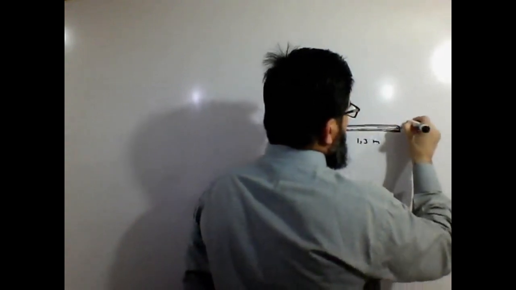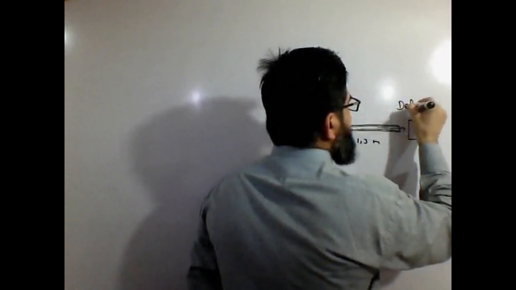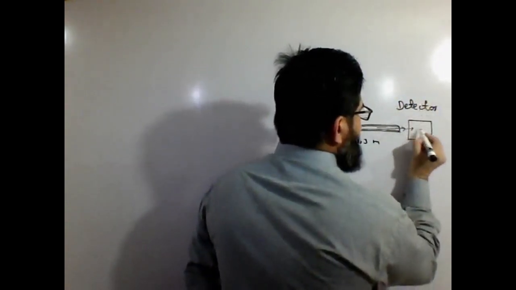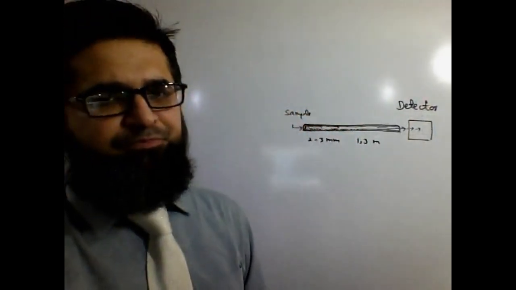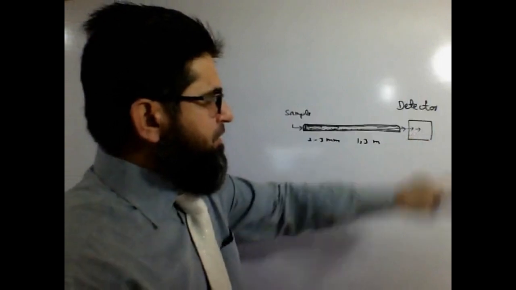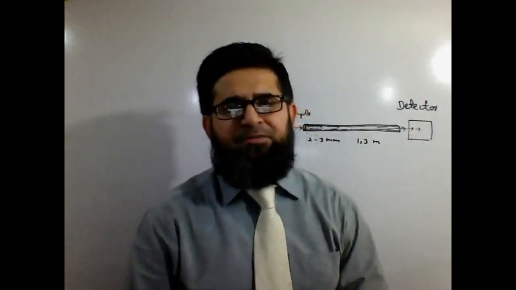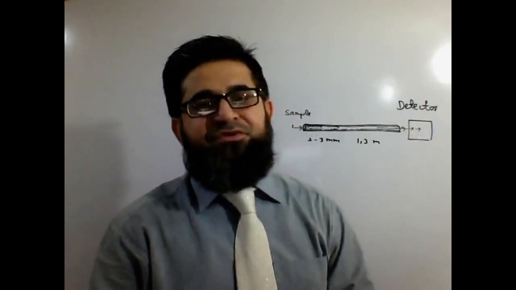As soon as they move out of the column, they enter into a detector, where those molecules are detected. The detectors are of different types. How they detect the molecules is a different story.